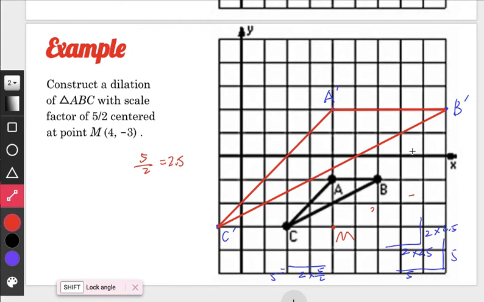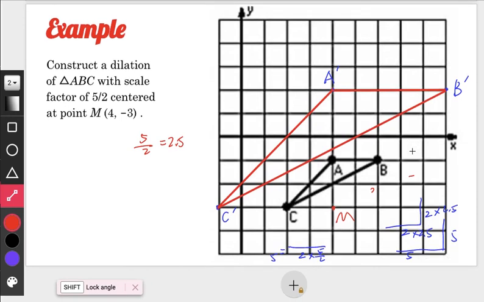Okay, so that's another way. Remember, the scale factor is a way to tell you how large or how small something is going to be changed. That's why it's more like a ratio to the original picture. So you can definitely use this way to figure it out. If you think counting one space or one move, the half move, is a little bit confusing, then you can use this way if it makes sense to you.